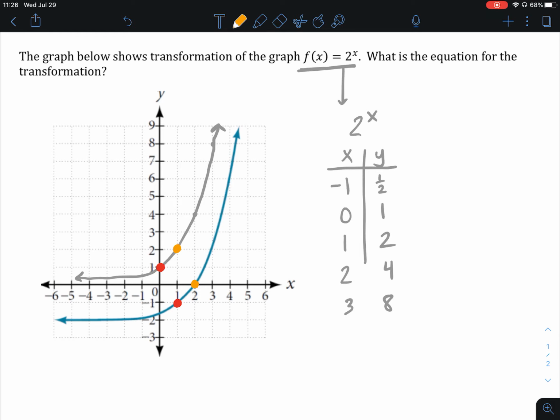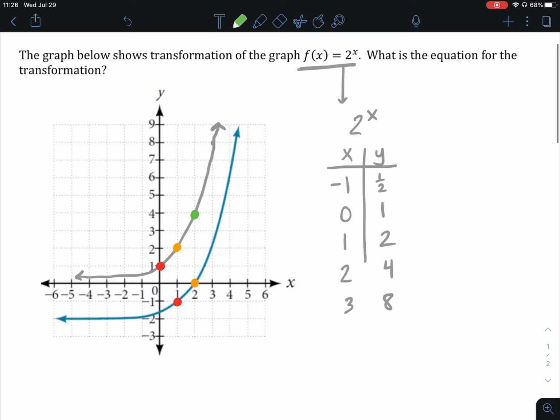Let's try that same idea again. Let's pick on another point. From the orange point on the base graph, you can see I move up 2 over 1 to get to another clear point on the function. Notice on the transformed graph from the orange point, again, if I move up 2 over 1, I get to a clearly identifiable point on the transformed function.